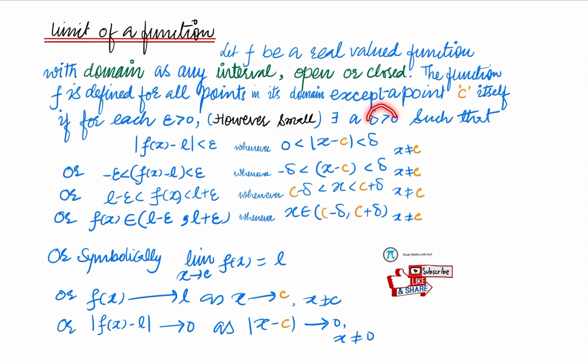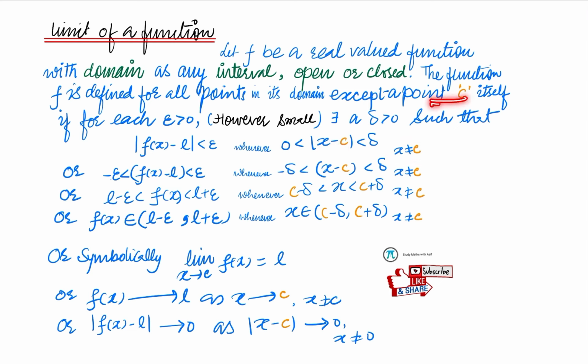Then there exists delta. Delta is also arbitrarily small and it is dependent on the selection of epsilon. Such that, right, the difference between the limit and the value of the function should be less than this small value. It is very much close to L when x is close to C but cannot equal C. Why?